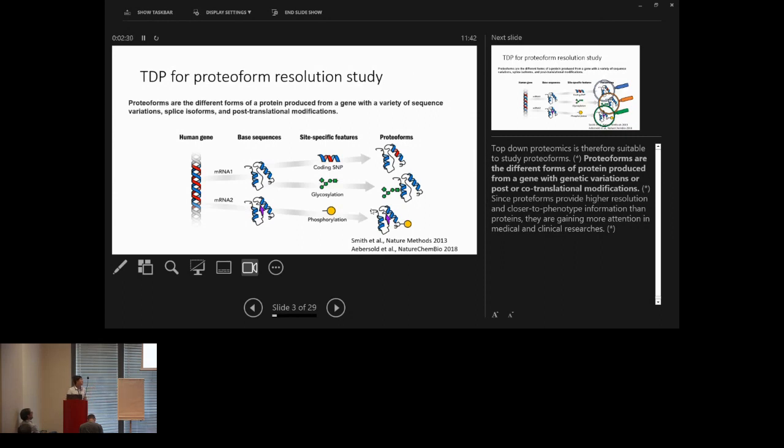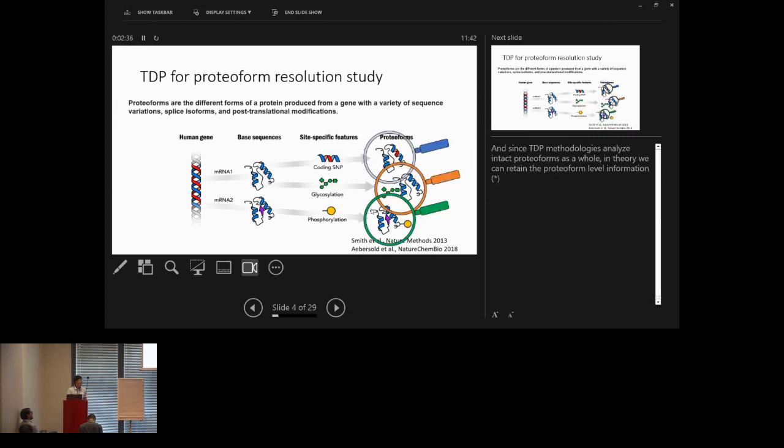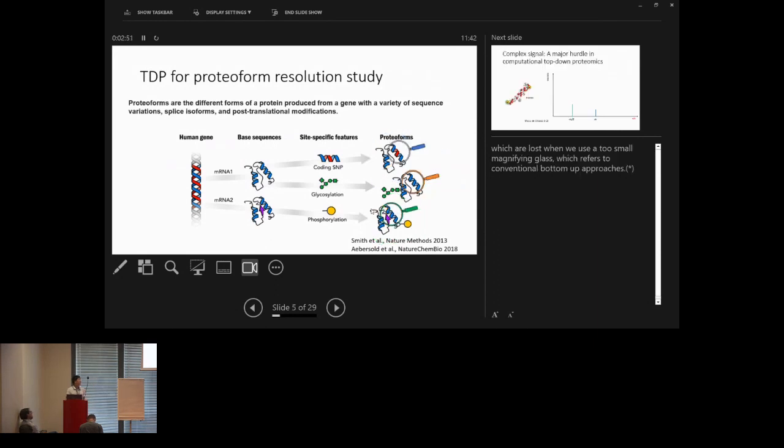So we have a bunch of proteoforms with different isoforms, different modifications, like glycosylation, phosphorylation, whatever. If we see proteoforms at a big scale, as in top-down, we can get higher resolution information, and we can get more information on the function of each proteoform, which cannot be seen from bottom-up studies.